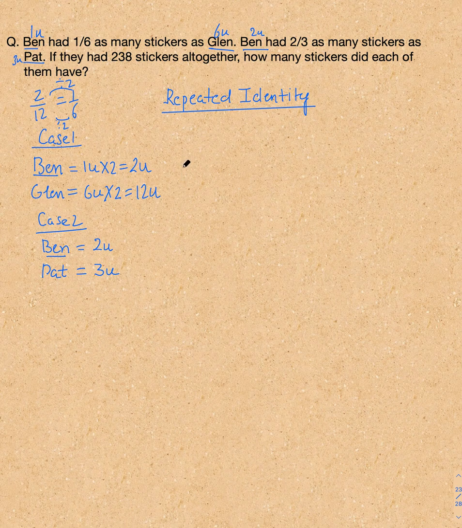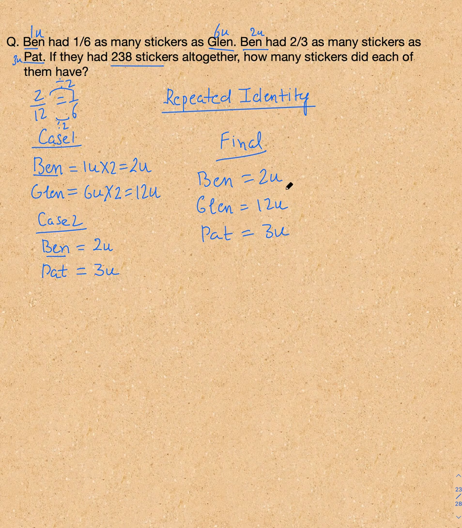Then what's our final number of units for each of them? From here, Ben is having 2 units, Glenn is having 12 units, and how about Pat? There is no change in Pat, so Pat is 3 units. Now, they had 238 stickers altogether, meaning all of them have 238 stickers.